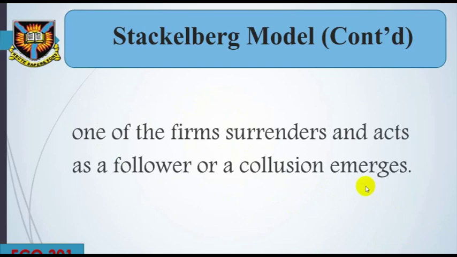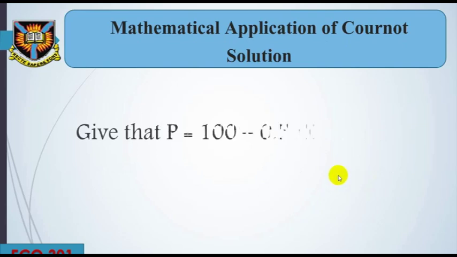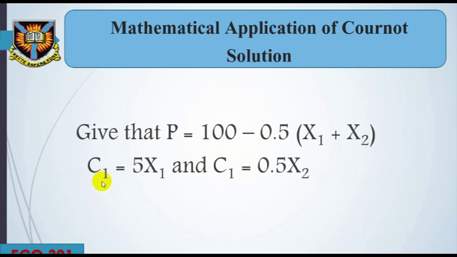Mathematical application of Cournot's solution. Given that P is equal to 100 minus 0.5(x1 plus x2), C1 is equal to 5x1 and C2 is equal to 0.5x2.